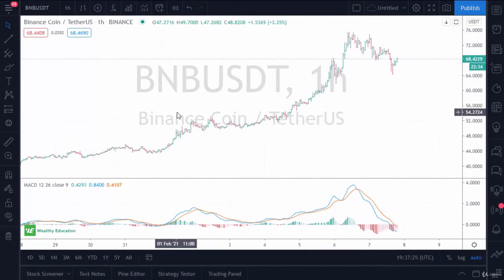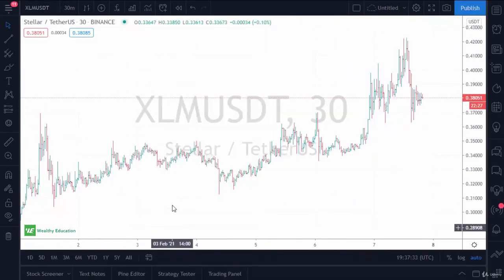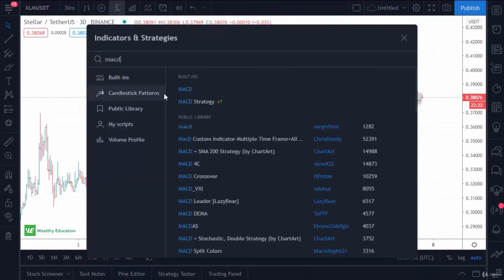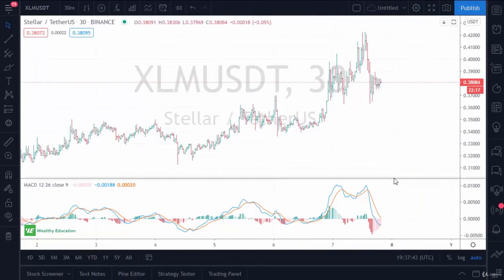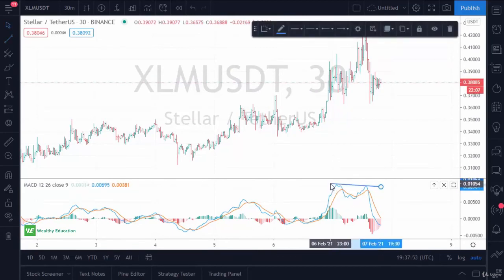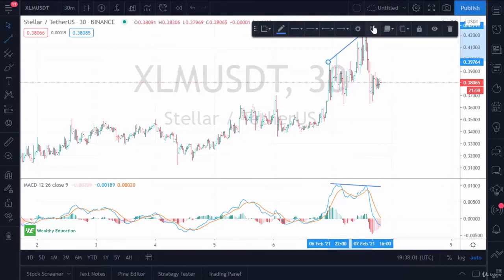And then finally, I'll go into Stellar Lumens here, and I'll remove these indicators, and I'll do the MACD over here. So it's a little early to tell at this point, but it does look like we made a lower high here on the moving averages, while we made a higher high here.